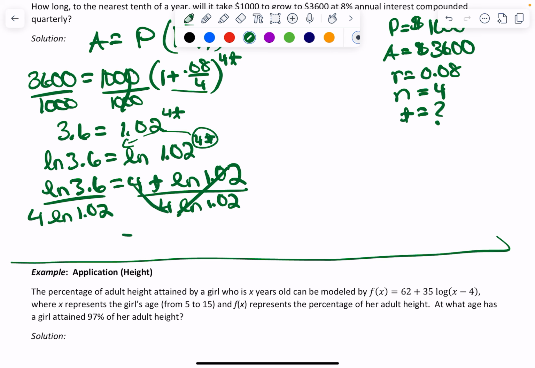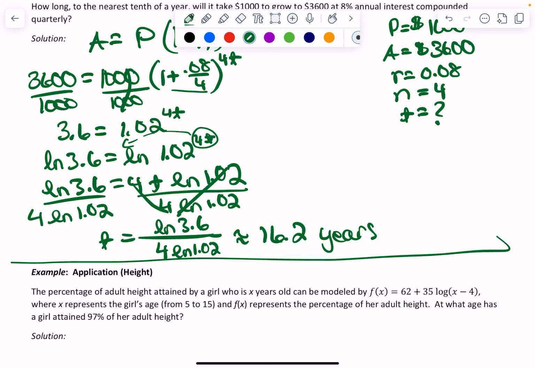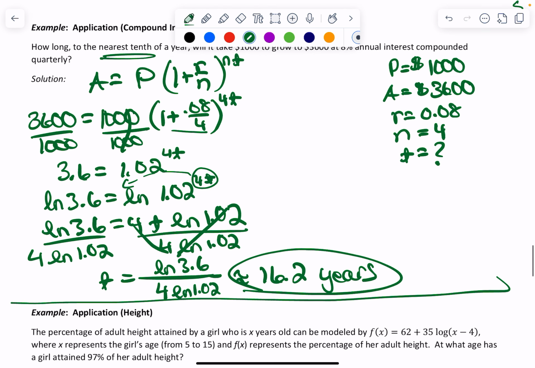So we get t equals natural log of 3.6 divided by 4 times natural log of 1.02. When we plug this in the calculator, we get 16.2 years, to the nearest tenth of a year.